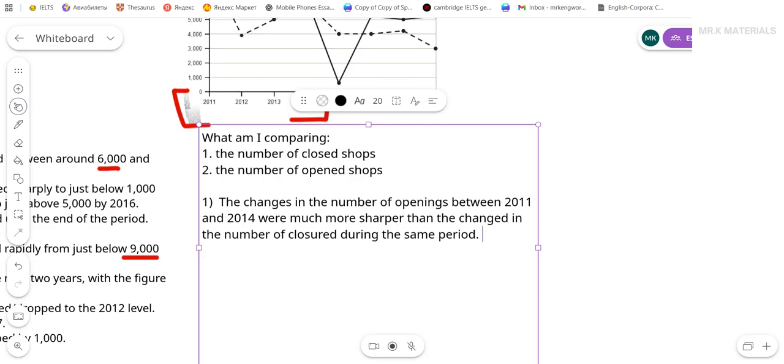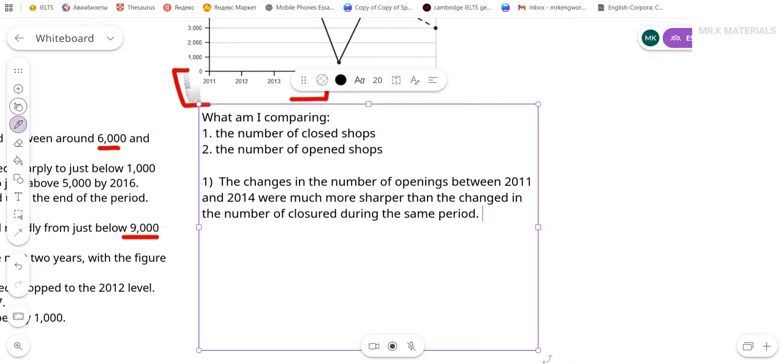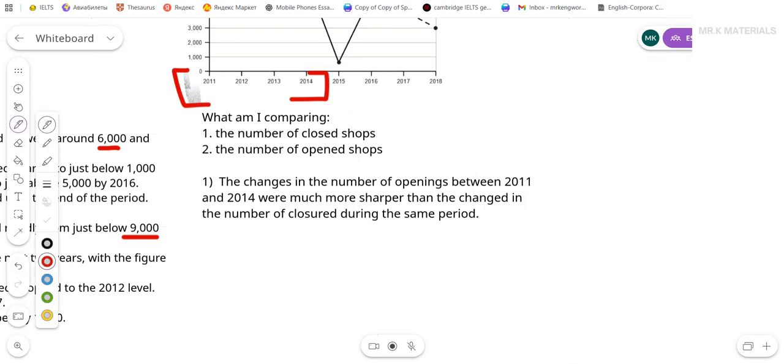Right now you may want to pause the video and try to understand the structure of this sentence. I'll break it down myself as well. So I have my subject, the changes in the number of openings between 2011 and 2014 was what? My comparison here is "was much sharper than" what?